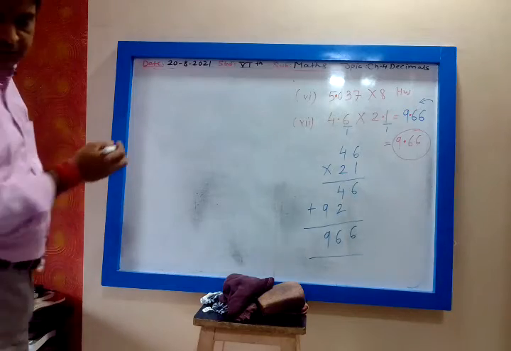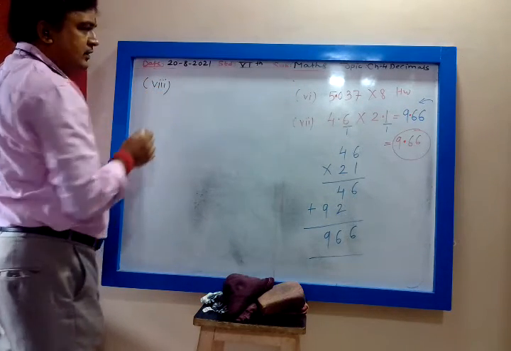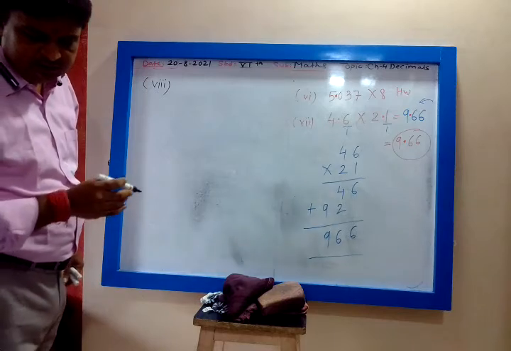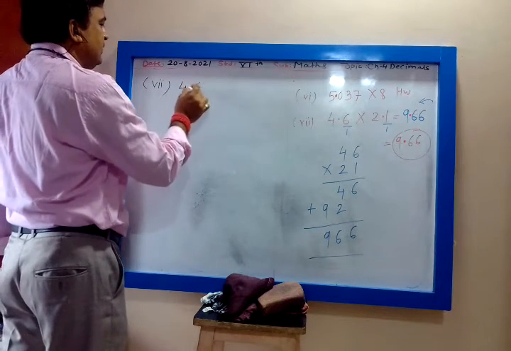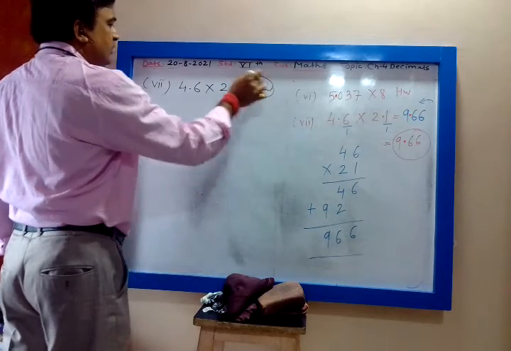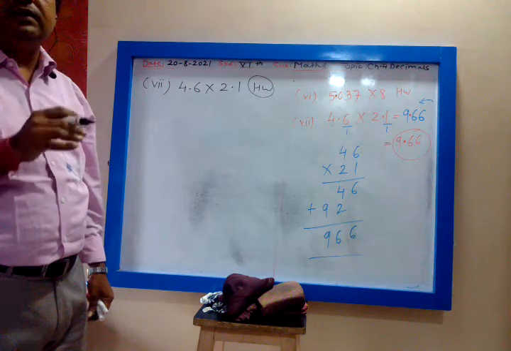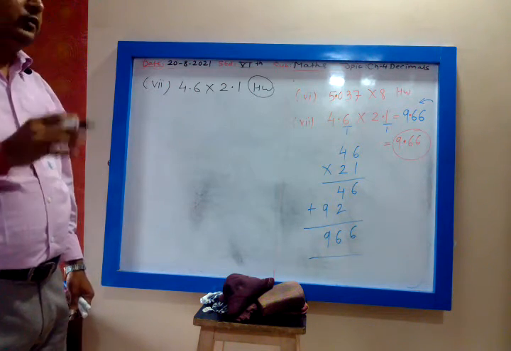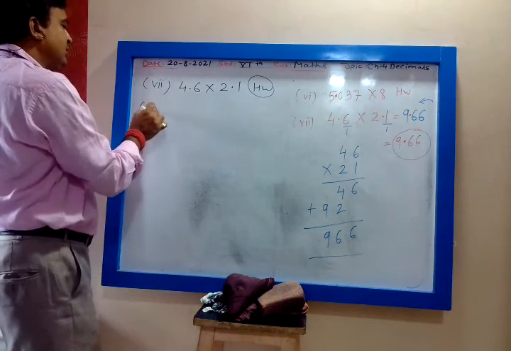The 6th one is homework. Okay. 6th one, 4.6 by 2.1, homework. So you can tell me, in the product you will place the decimal after how many digits? 2 digits, because 1 plus 1 is 2.